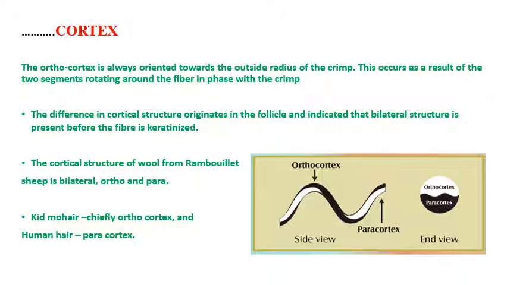That is a fine wool breed, so naturally the arrangement of these two cells will be bilateral. Whereas in the case of kid mohair, that is the goat, chiefly orthocortex is more important. In human hair also paracortex is important.